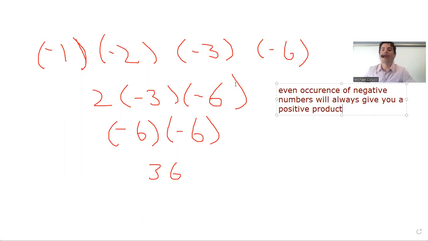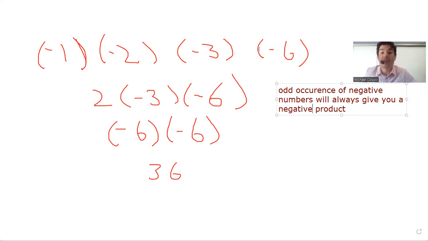How many occurrences of negative numbers do I have in this example here? 1, 2, 3, 4. 4 is an even number, like 0 is an even number. Odd occurrences of negative numbers will always give you a negative product.